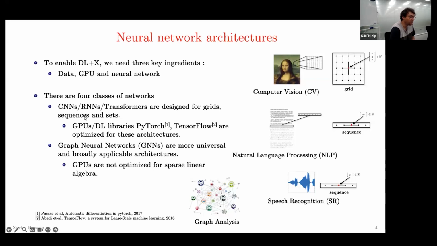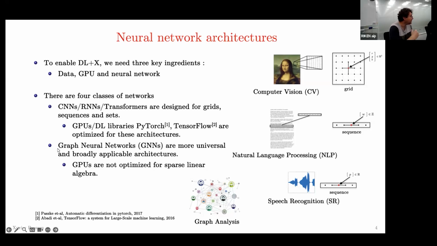RNNs were developed for sequences like text, but also speech. And transformers have been designed for sets, so basically unordered elements of vectors. Today the libraries, PyTorch, TensorFlow, everyone loves these libraries, have been developed precisely for this class of architectures and data structures, and they are optimized precisely for that.